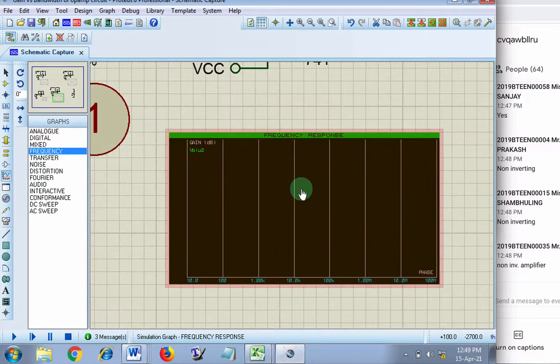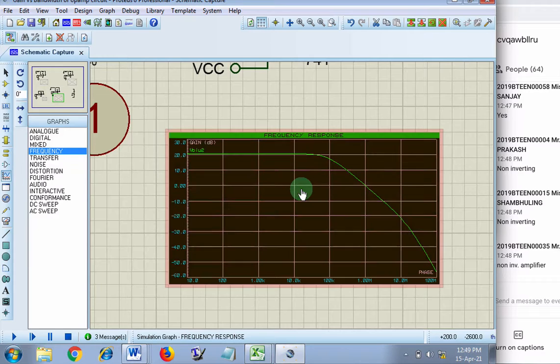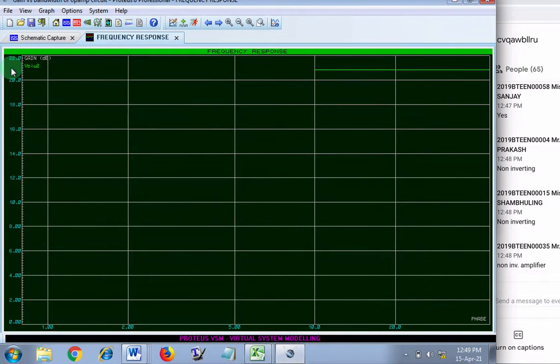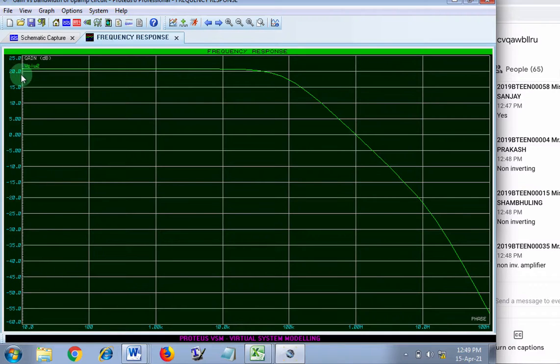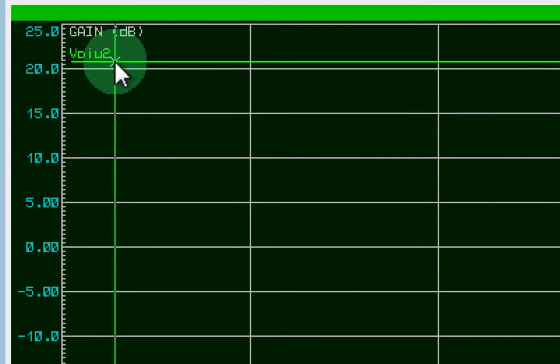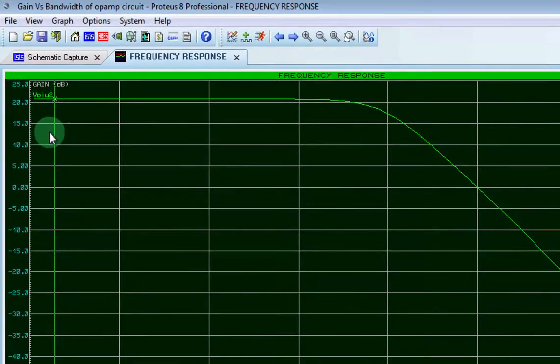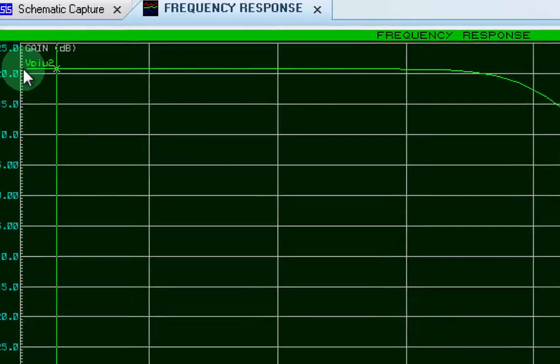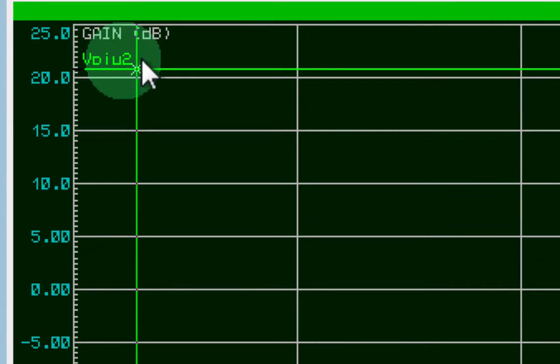Okay, and then press the space bar, and now look at this. So how much is the gain? The gain is 20.8 dB.